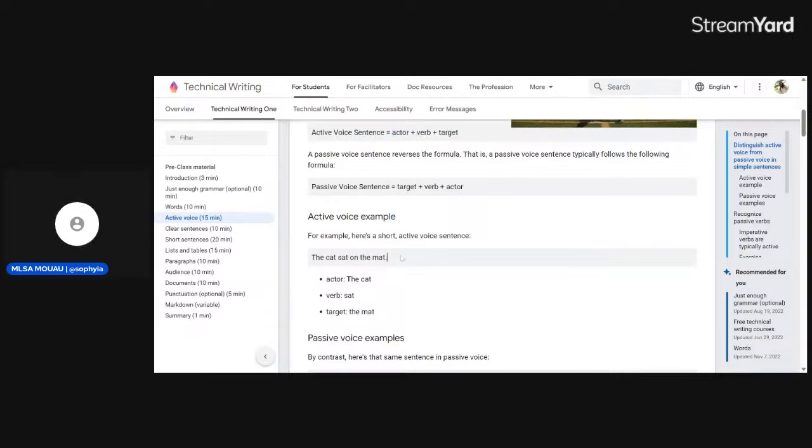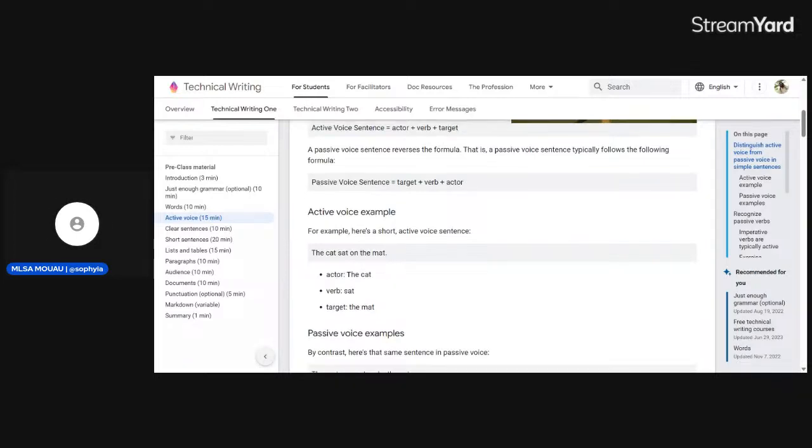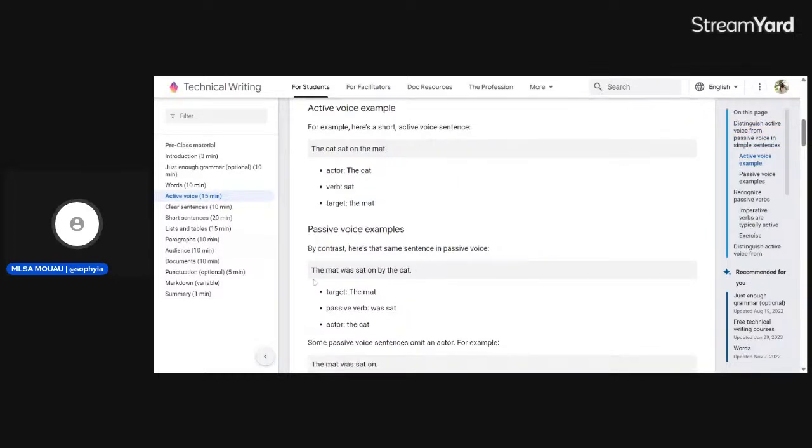Now, if someone says the cat sat on the mat, your first thought would be okay, the cat was on top of the mat. But if you hear the mat was sat on by the cat, first of all, it will be a bit confusing, because you will need to read this at least 3 times to know what the sentence is trying to say.